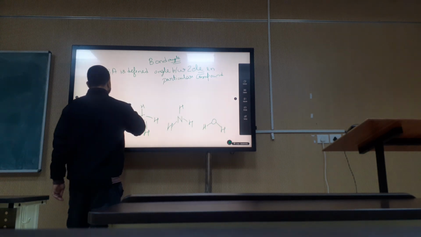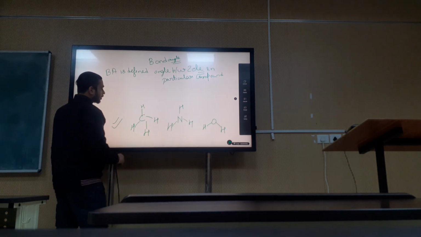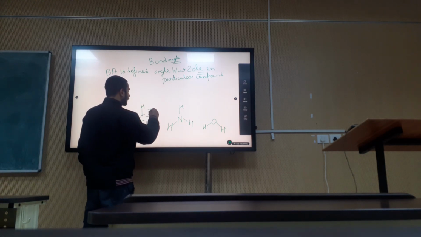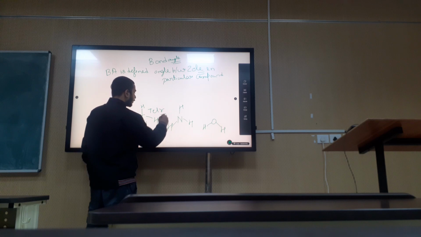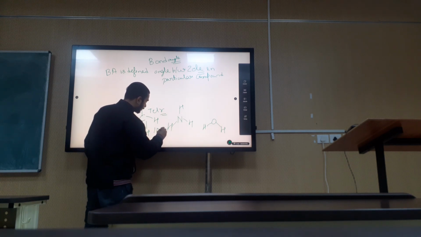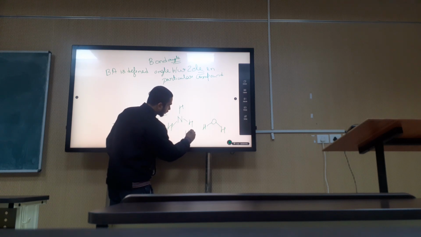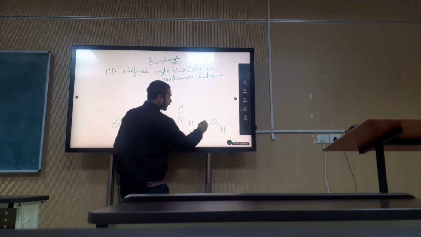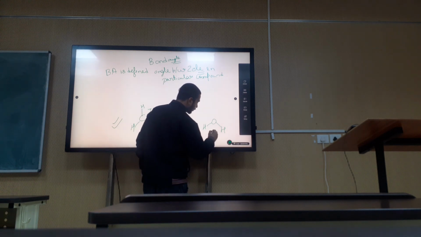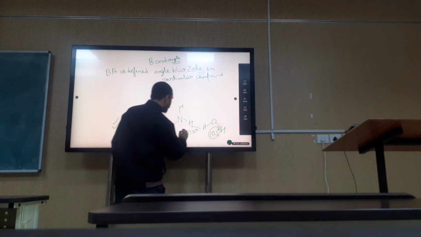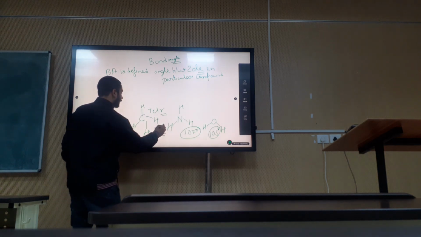As we know, this is a tetrahedral geometry and it has a 109 degree angle, this one has a 107 degree angle, and this water has a 105 degree angle. Why? Because of this lone pair.